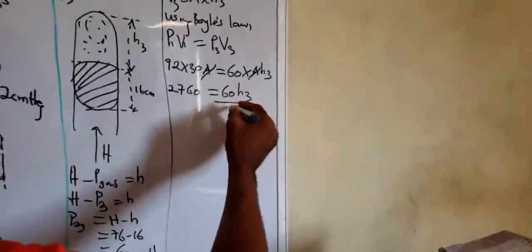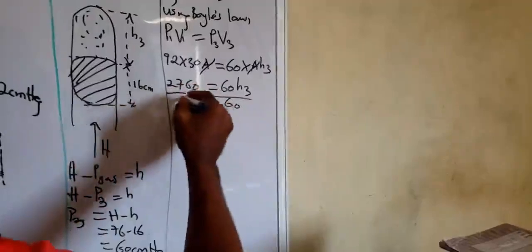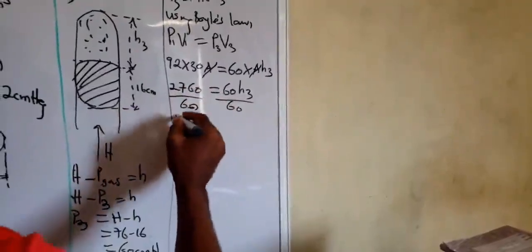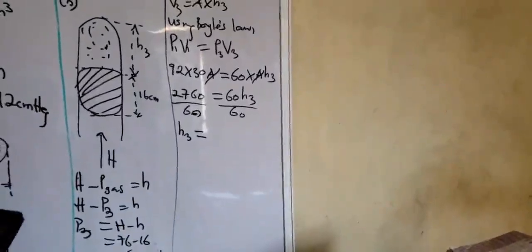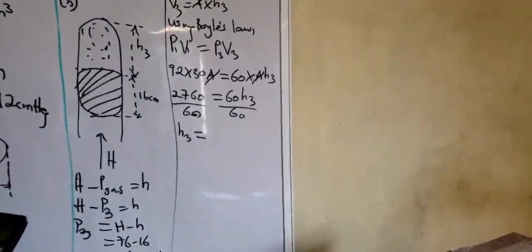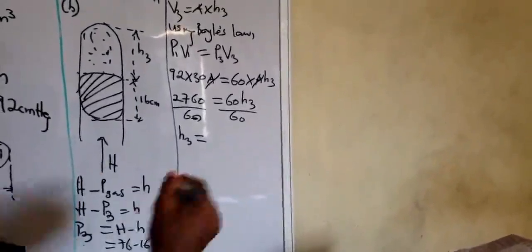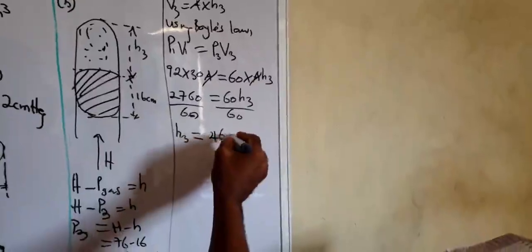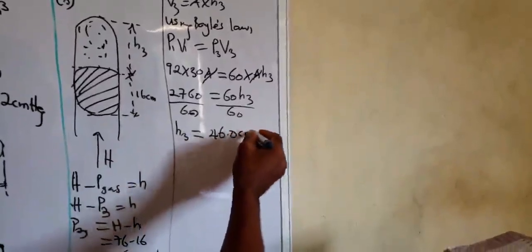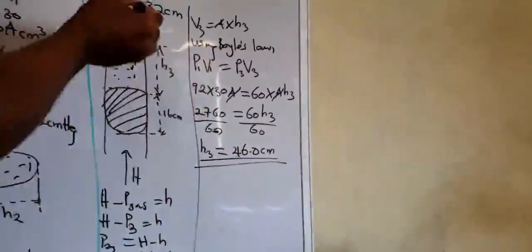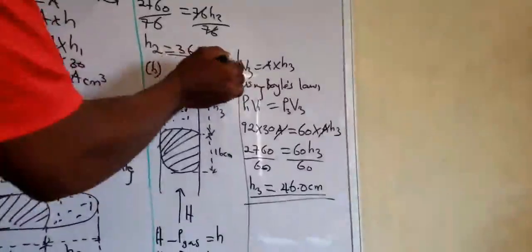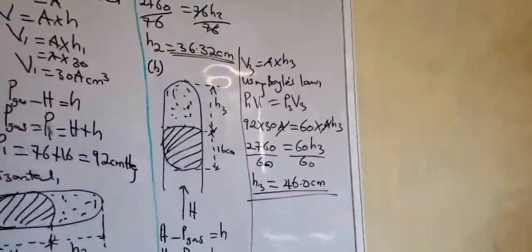When we divide all through by 60, we'll have the third height, H3, under this condition to be 2760 divided by 60, and the answer is 46.0 cm. And these are the answers for the two conditions.